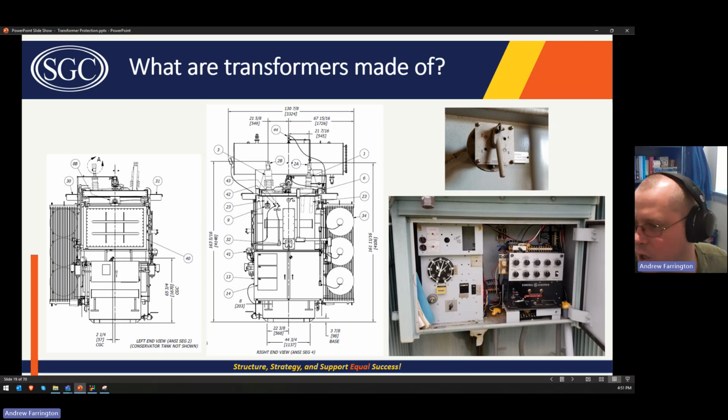There's a little pin on each of them that, when the LTC position changes, it pushes on that pin and the drag hand moves with it. So say it goes from 2 raise to neutral. This would move with it, and this would stay right there at 2 raise. Okay. Then it goes back to say 1 raise.